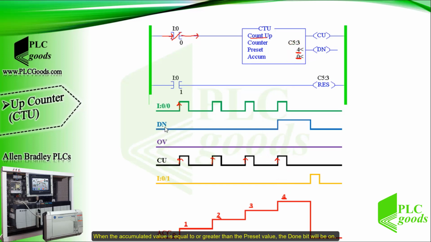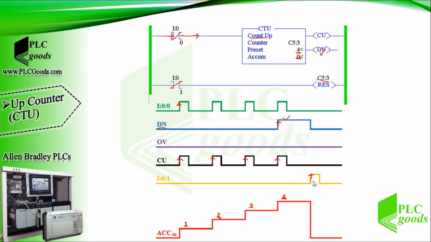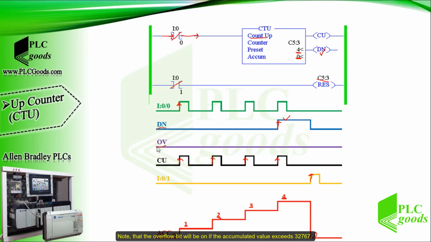When the accumulated value is equal to or greater than the preset value, the done bit will be on. Based on the second line, by activating this input, the counter will be reset and the accumulated value is changed to 0. Note that the overflow bit will be on if the accumulated value exceeds 32,767.